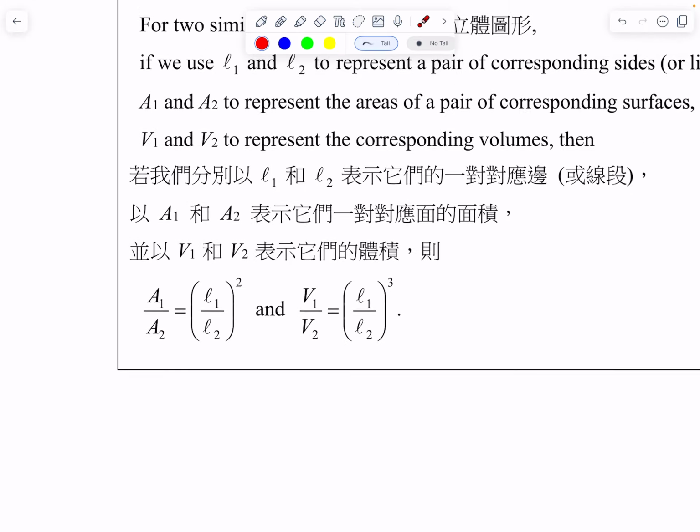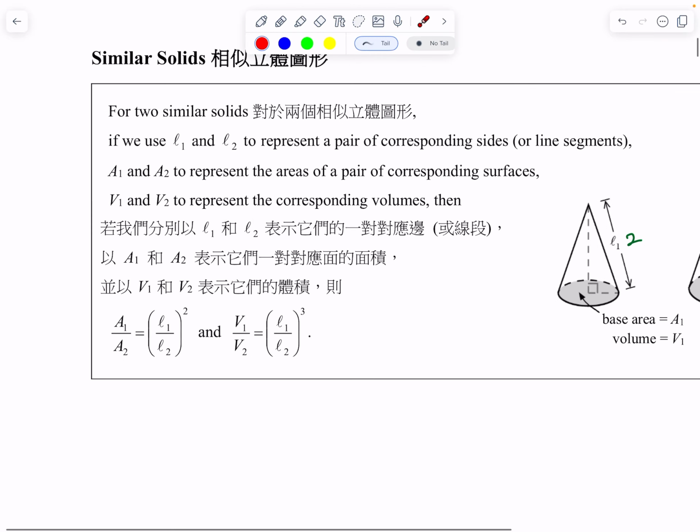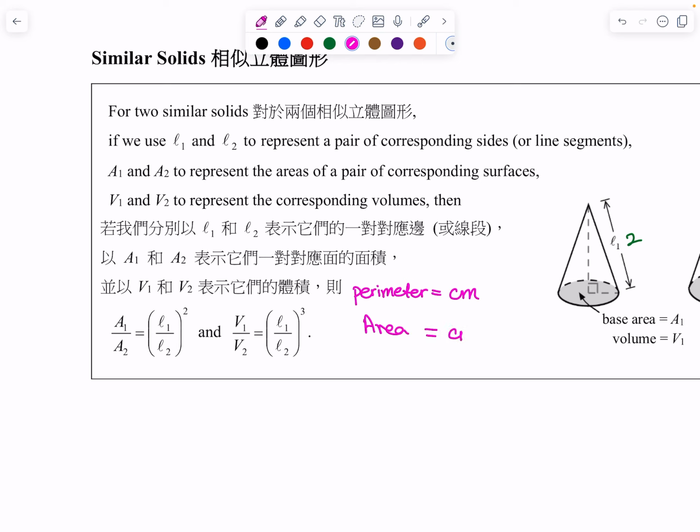Now, of course, hold on, it's hard to remember this way. So, remember it this way. The units: perimeter, that means just one side, the outer side, is cm. And the area is cm squared. And the volume unit is cm cubed.